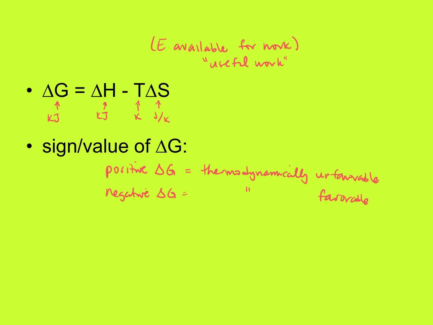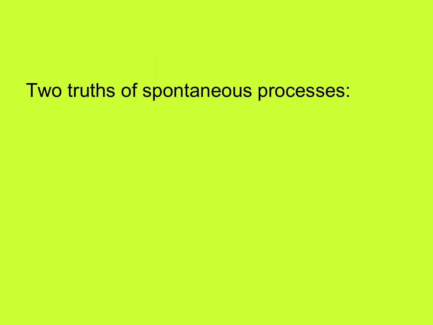So with that in mind, the truth of spontaneous processes is that when we say spontaneous, we're saying thermodynamically favorable, like processes that will happen. Delta S of the universe is positive, and the change in Gibbs free energy is negative.